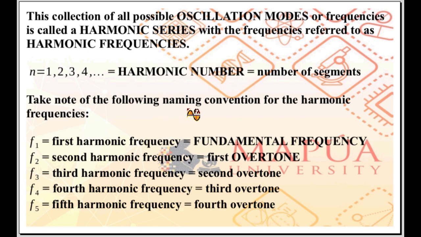Take note of the following naming convention for the harmonic frequencies. Harmonic frequencies again, you have f1, f2, f3, f4, f5, and so on. f1 for one segment, f2 for two segments, f3 for three segments formed in the string, and so on. f1 is referred to as the first harmonic frequency or fundamental frequency. f2 is second harmonic frequency or first overtone.